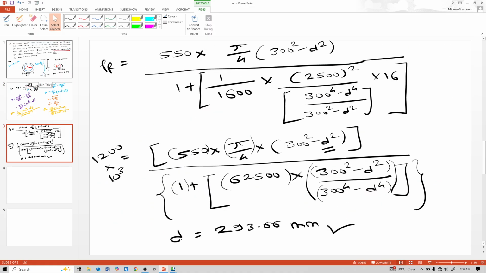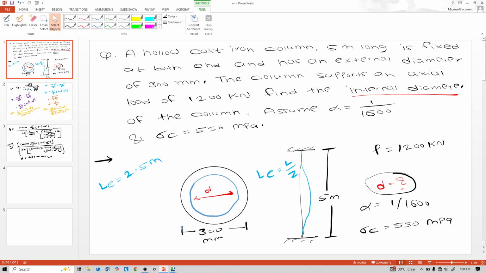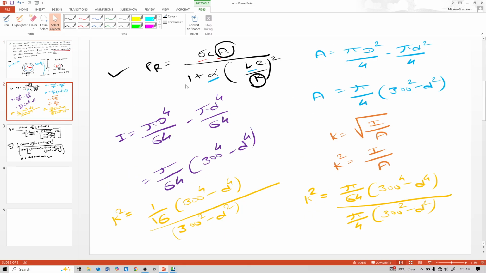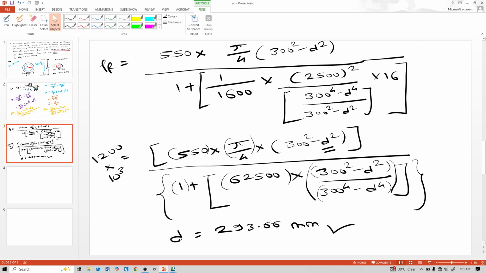So for solving this numerical, we need to remember for which boundary conditions, which effective length formula, for different geometries the area formula, for different geometries the moment of inertia formulas, and the Rankine Jordan formula. So as per that way, you will be able to calculate this numerical. Thank you very much.